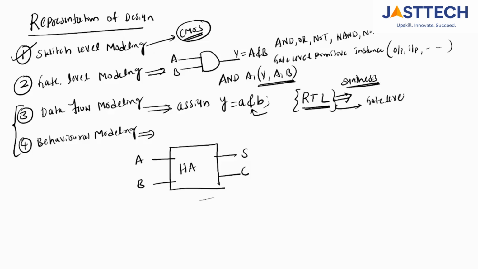Mainly, you should write the code in terms of data flow modeling and behavioral modeling, or in hybrid modeling also. Hybrid means both data flow as well as behavioral modeling.